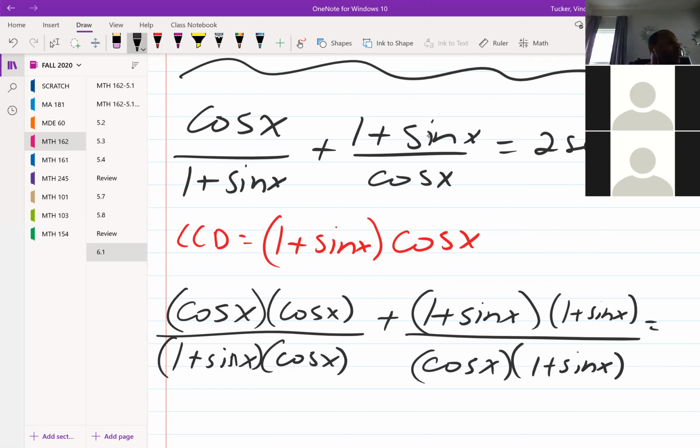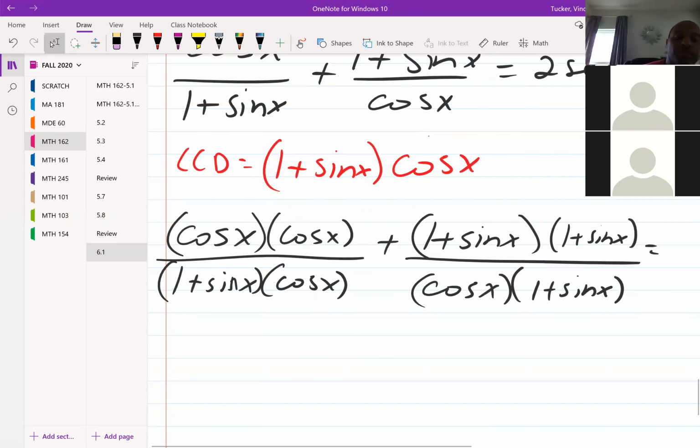As far as the denominator goes, I'm not going to distribute that cosine. I'm going to leave it the way it is for right now. Leaving it that way should help me out moving forward, and you'll see what I mean in a second.